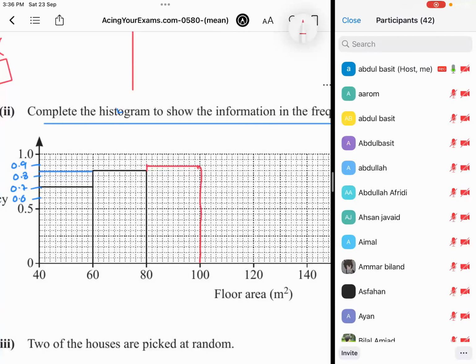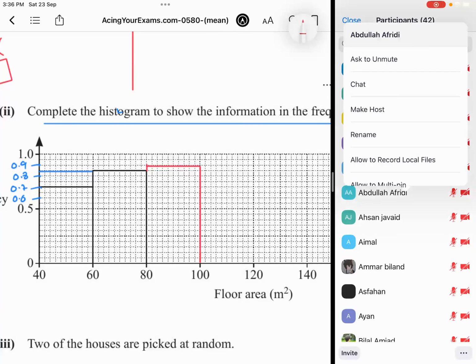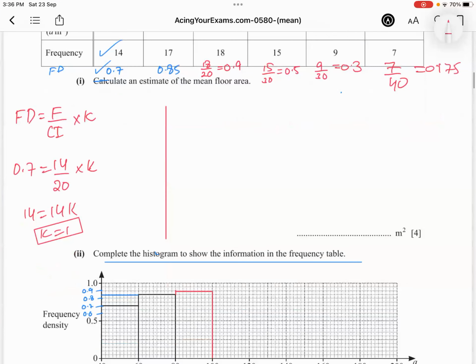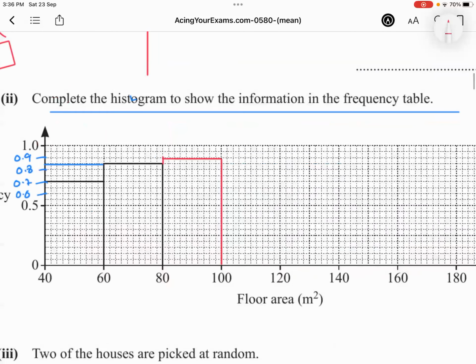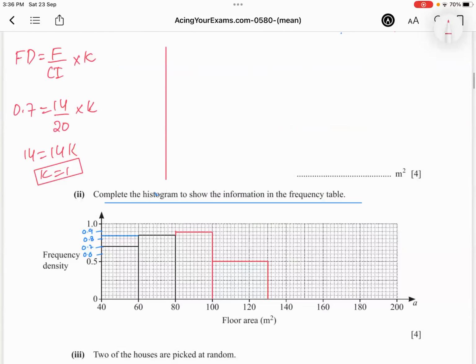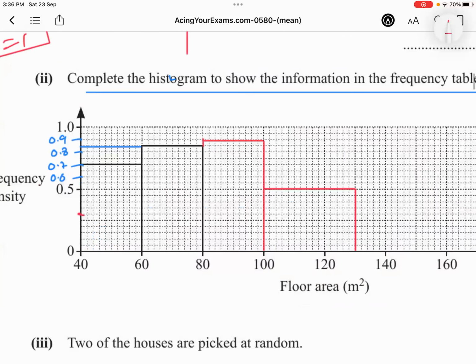It's easy, I hope. Then we have 100 to 130 is 0.5. All right. Then we have 130 to 160, 0.3. 0.3 is right here.